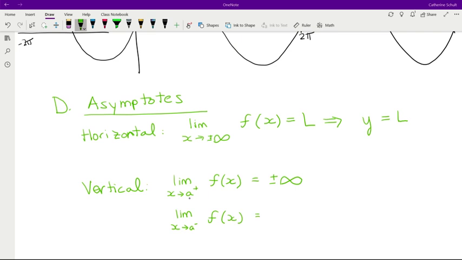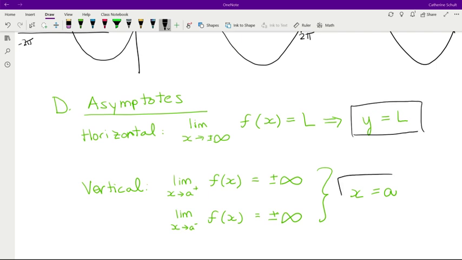Okay, so to the right of a or to the left of a. And in that case, if this holds true, then the equation of the asymptote is a vertical line x equals a. Okay, so here we have our horizontal asymptote, potential, not guaranteed, and we have our vertical asymptote. You can just draw yourself a dotted line to help you remember.